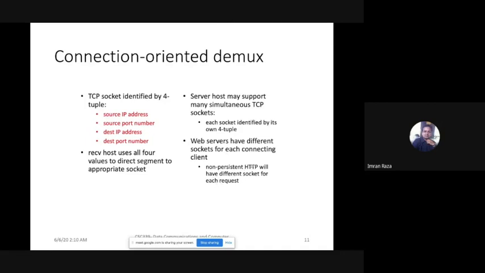For every non-persistent HTTP connection, I need to establish a TCP connection first, so there will be a new connection, and I have to identify the sockets for each subsequent connection in this case.